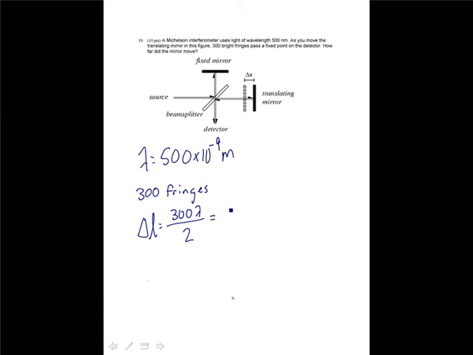So this is equal to 150 times 500 nanometers, which is equal to 7.5 times 10 to the minus 5 meters.